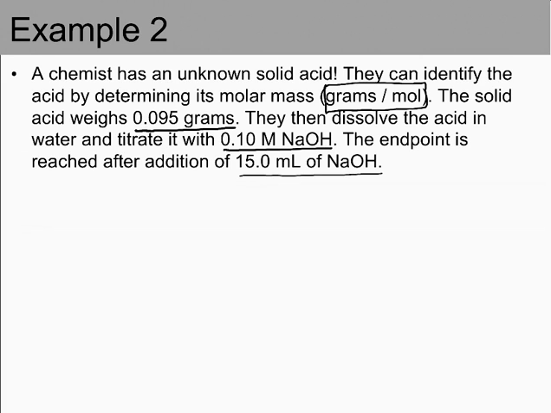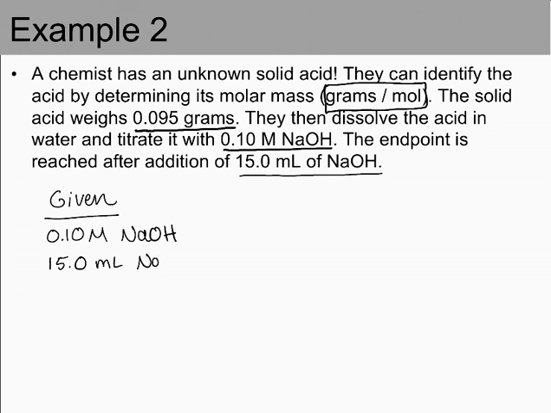All right, so let's write what we're given. We're told that we have a 0.1 molar solution of sodium hydroxide, and that's pretty standard for titration, so you'll probably see that concentration a lot. And then we're told that the end point is reached after adding 15 milliliters of that solution.